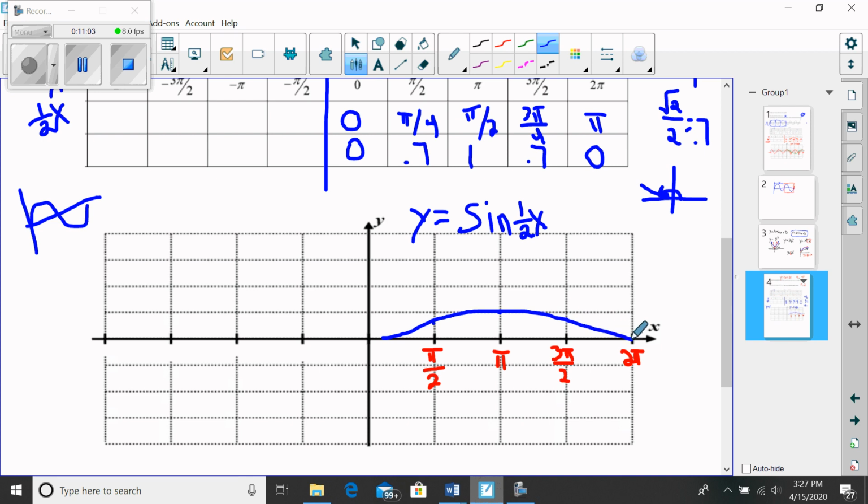So I only got half of the sine curve from 0 to 2 pi. I would have to extend this line out, and it won't let me go over far enough, and I would get my full cycle if I could keep going out to 4 pi, but I run off my page. But I could go like this and show you that here's my other half.